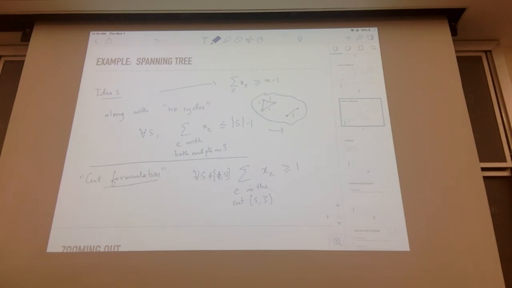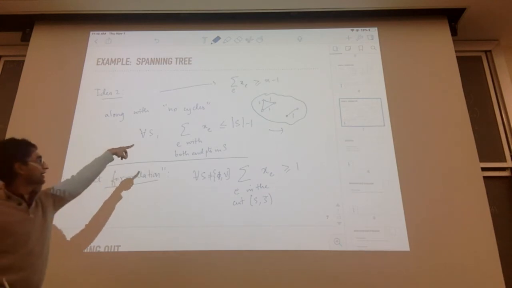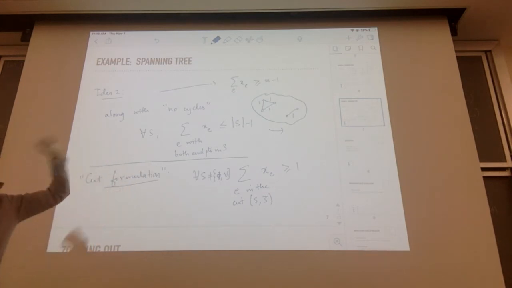You can argue that if such a thing were to happen, then there has to be a cycle in the graph, and that is ruled out by constraints of this kind. We can think a little about what might be the easiest way to prove that fact.